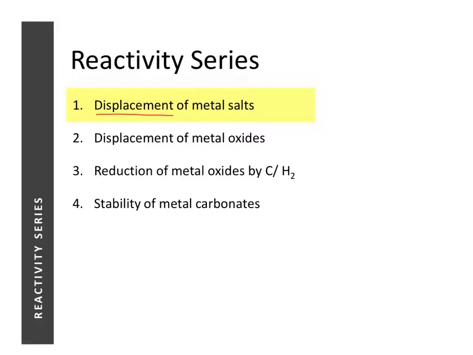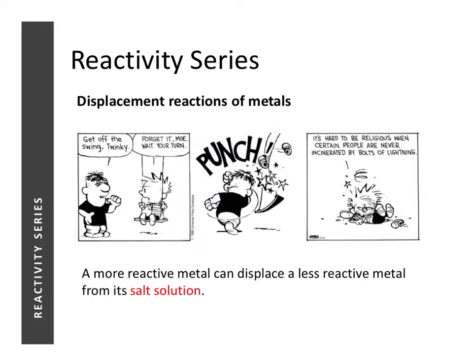If you have forgotten, please go back and look at the periodic table video under group 7. The displacement reaction of metals is not unlike that of halogens. It is where a more reactive metal displaces a less reactive one from its salt solution.